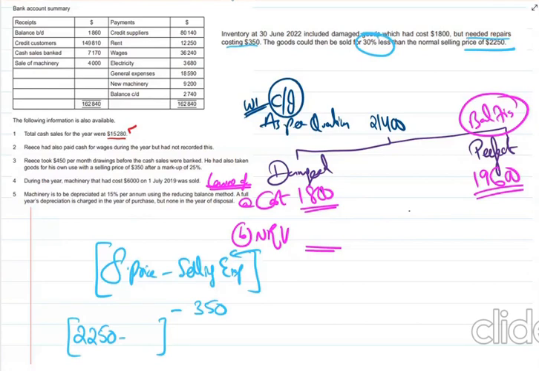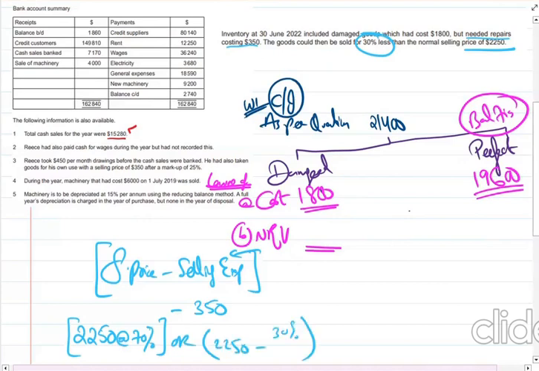It will be sold at 70% of the value. You can do this, or you can compute 30% of this amount and deduct it from here. Both will give you the same answer. Right or wrong? Yes. So what is the selling price coming? 1575, minus 350 enable-sale expense, giving me an NRV of 1225.